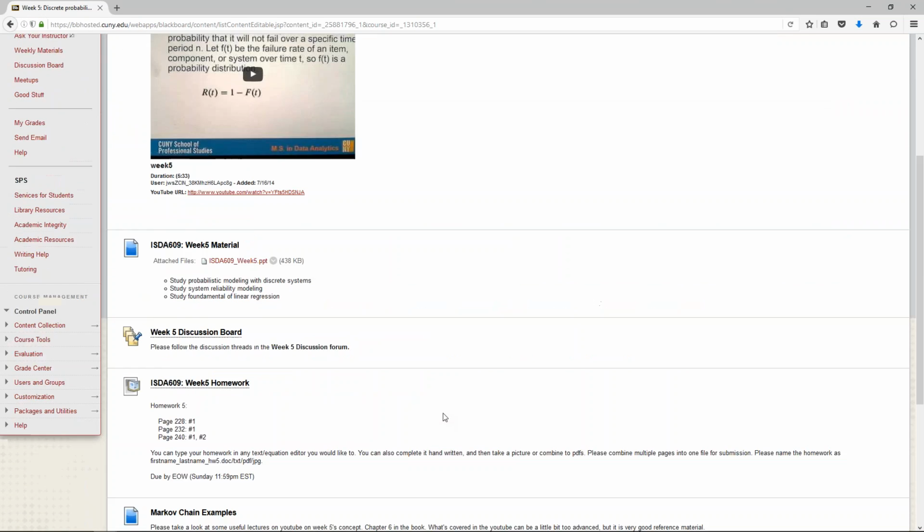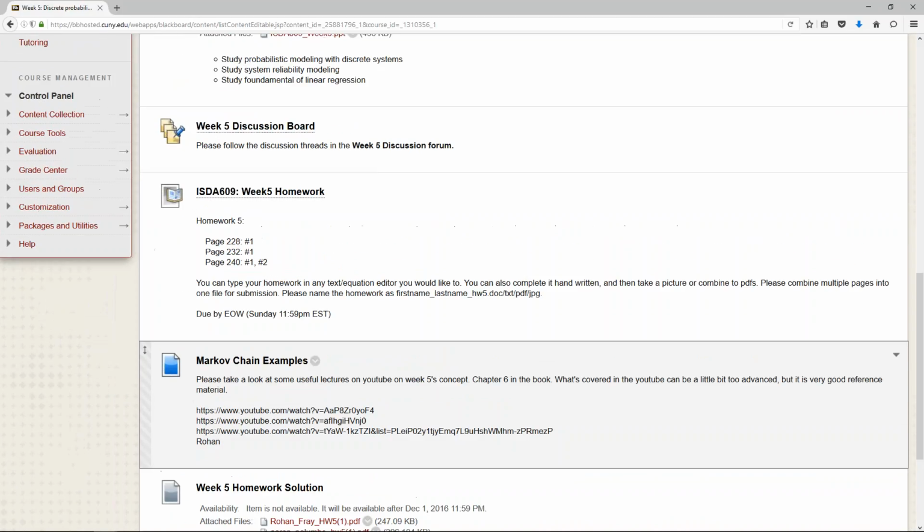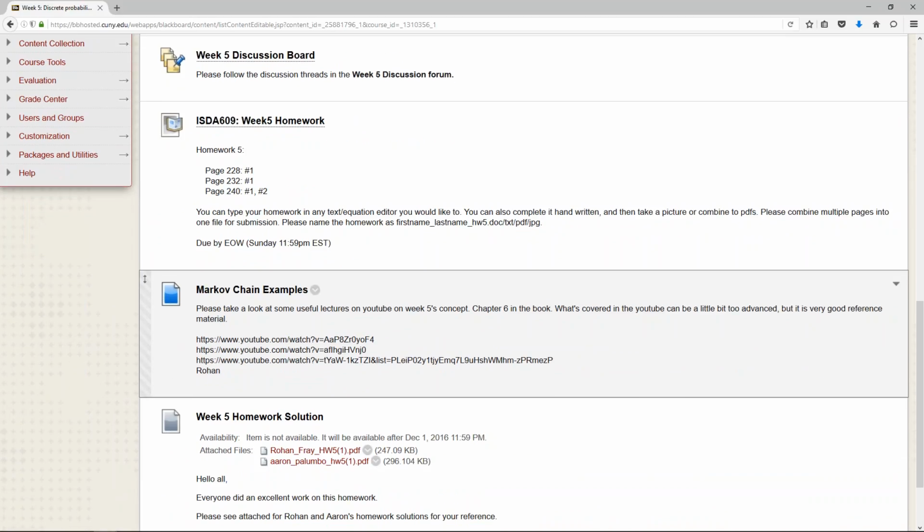Yes. It happened that I should move this section to week 4. It really should be in week 4, which is this Markov chain examples, and you should be taking a look at this. Even though it has a connection between week 4 and week 5, I put it in week 5.